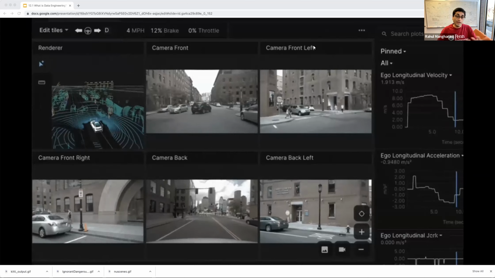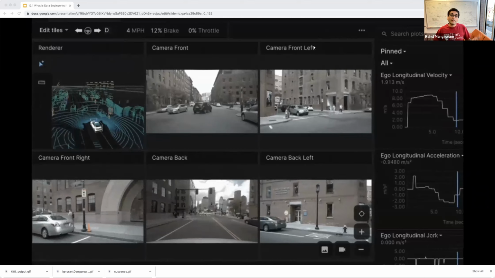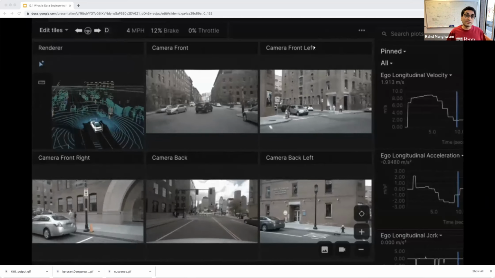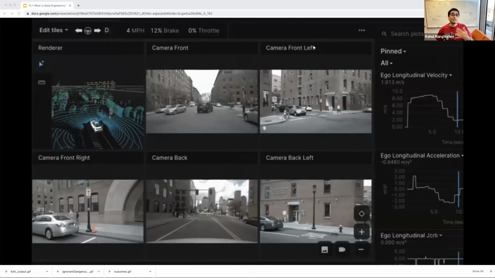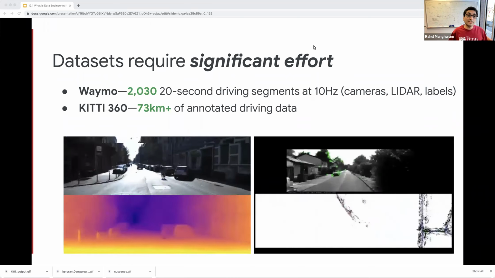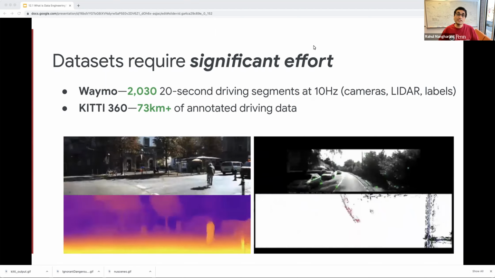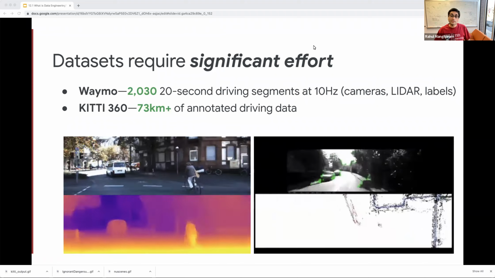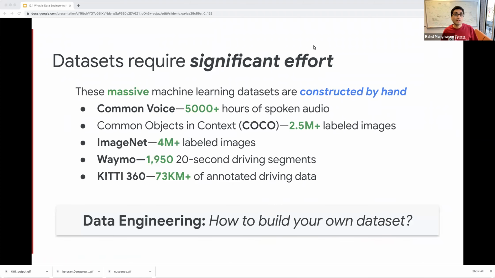I remember downloading the nuScenes data set, and it took over 140 gigabytes of data. I had to get a separate hard disk just to store the nuScenes data set to start training on. And this is an example of the KITTI data set, and people have been using it as a standard to benchmark their algorithms on, say, monocular depth perception or localization using just monocular cameras.